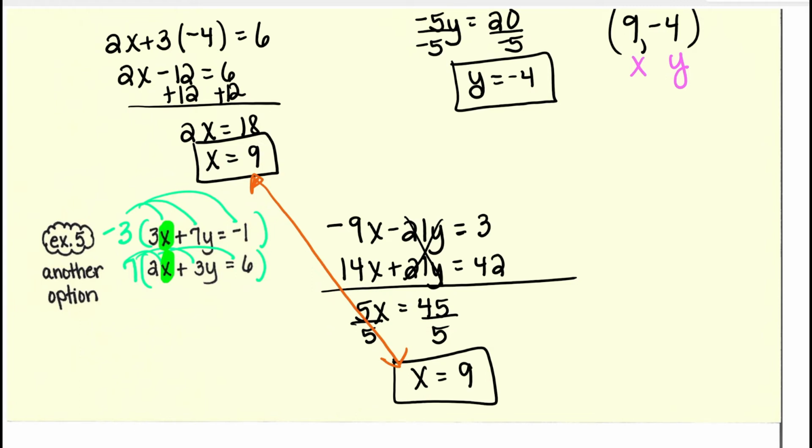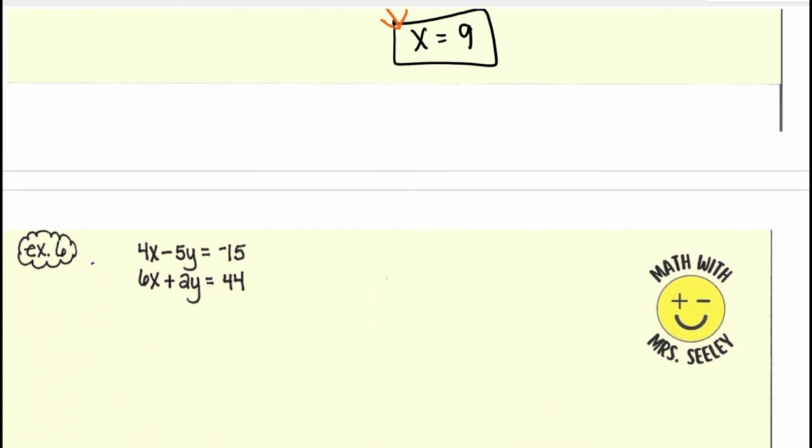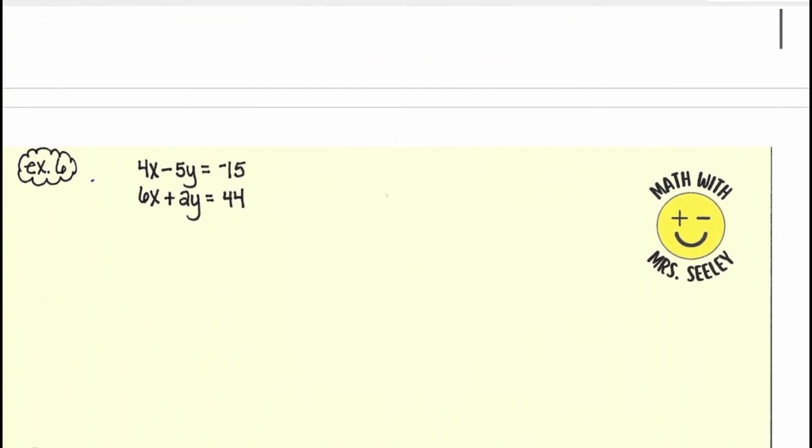All right, let's take a look at example 6. In example 6, choose a variable to eliminate. It is your choice. I kind of feel like I might go for those y's simply because of the negative and the positive. So I won't have to mess with any signs because my signs are already there for me.